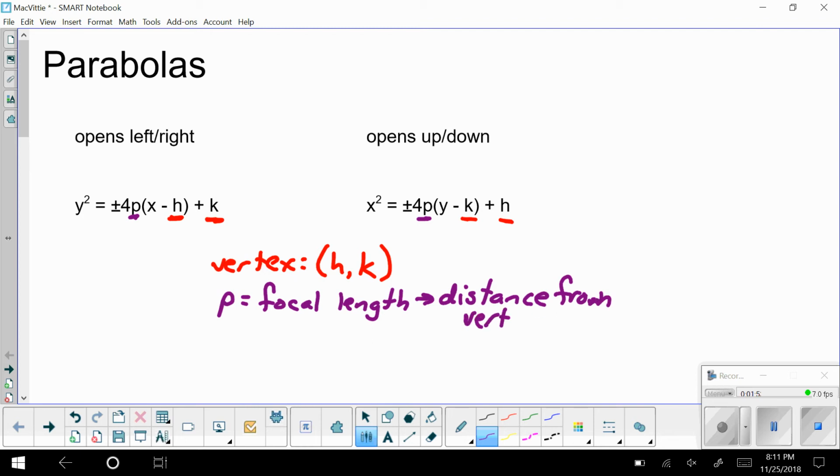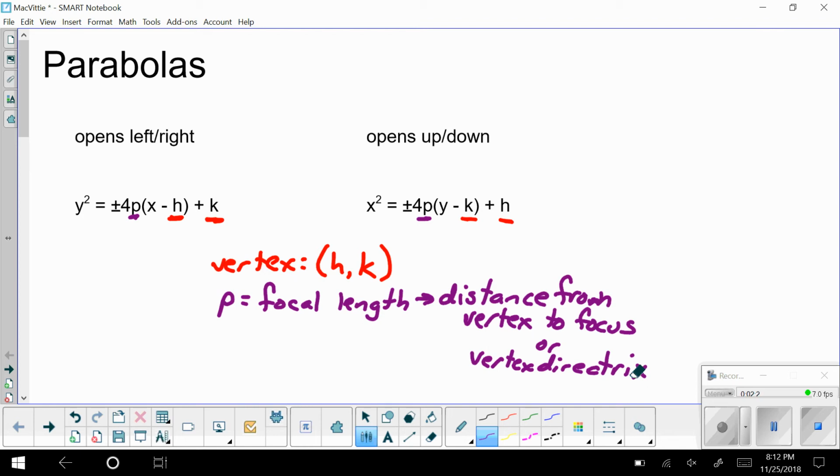So I measure from my vertex to the focus, or vertex to directrix. And the directrix is a line, either vertical or horizontal, that plays a role in how we determine the points on this, because every point that we take is equidistant from the focus and the directrix.